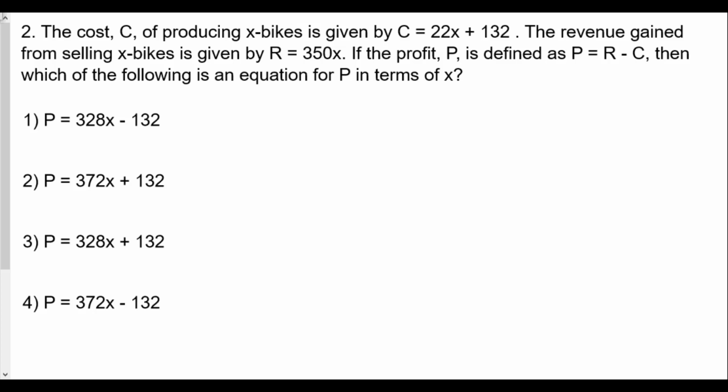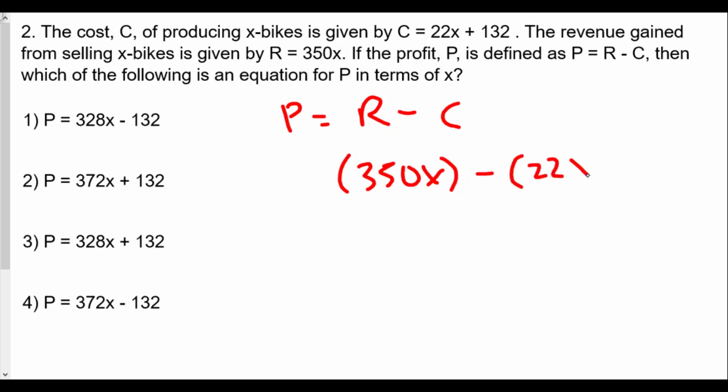Well, P equals R minus C, we replace R with 350x, so it's just a substitution here. And then we're replacing the C value with 22x plus 132.